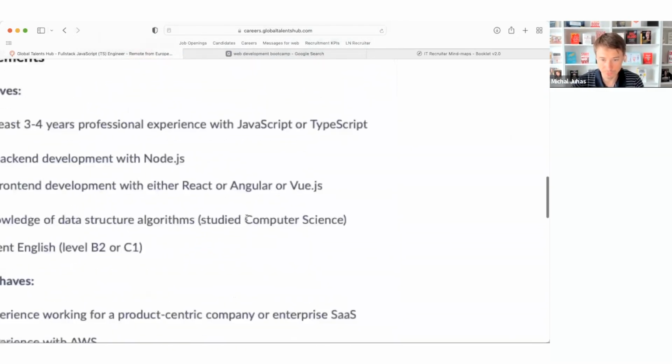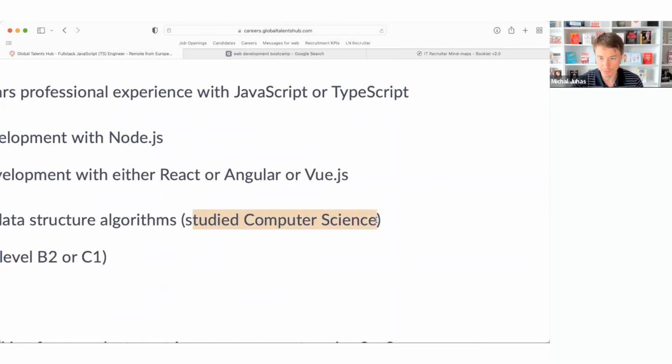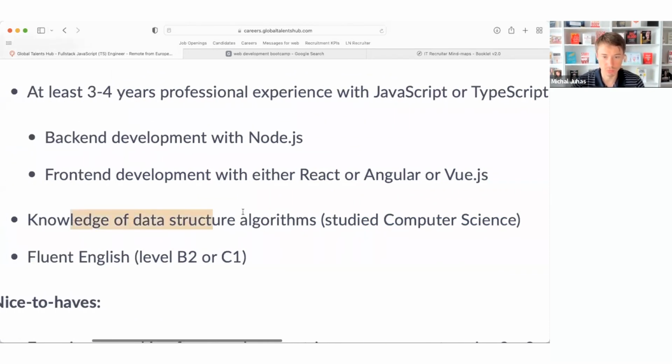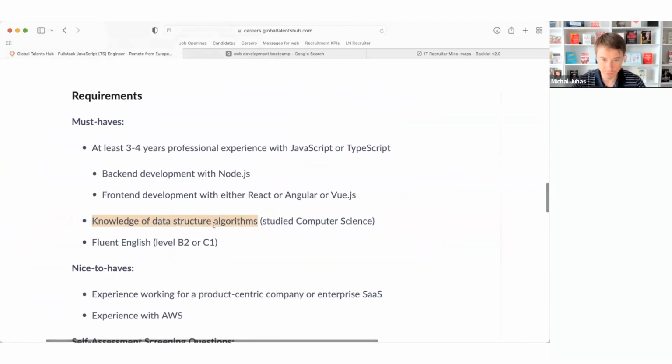So people who have studied computer science, because usually that's a part of the curriculum. So it's one of the markers that we can use to identify people who have this knowledge. Then we can also just ask candidates if they understand data structures and algorithms.